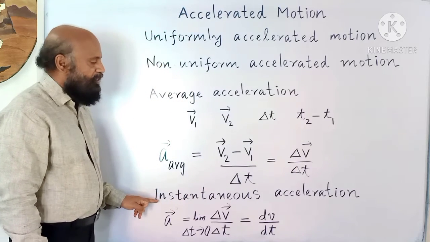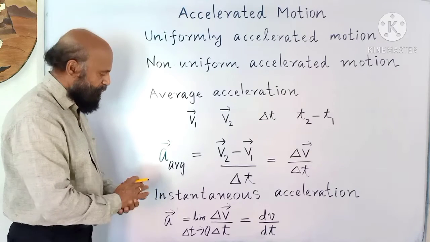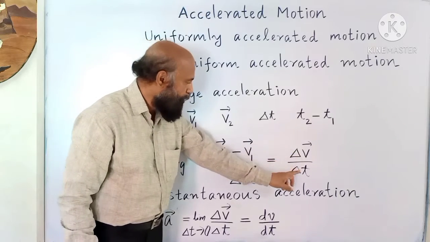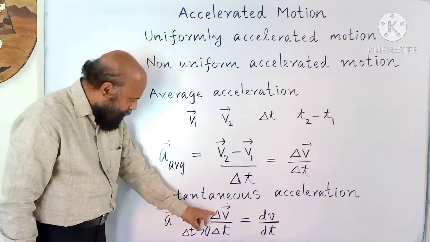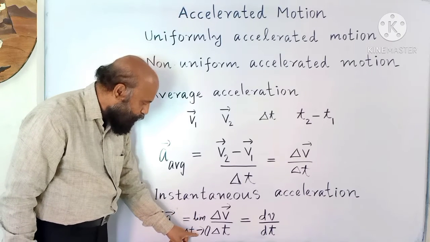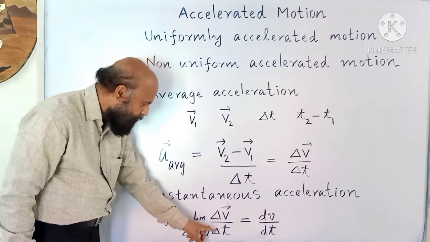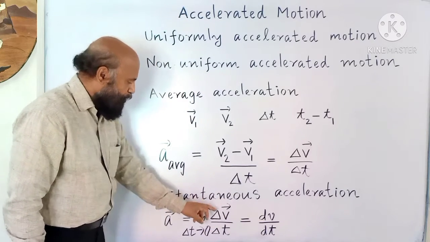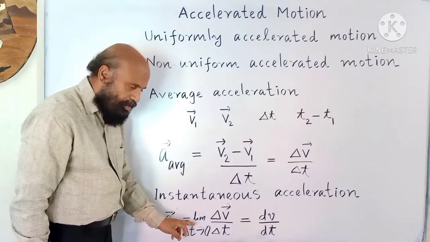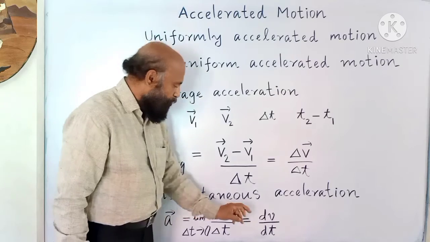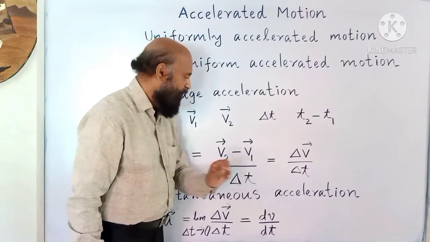Then let us see what is instantaneous acceleration. You know, average acceleration is delta v by delta t. When delta t tends to 0, this is called dv by dt. So this ratio delta v by delta t in the limit delta t tends to 0 is known as instantaneous acceleration.